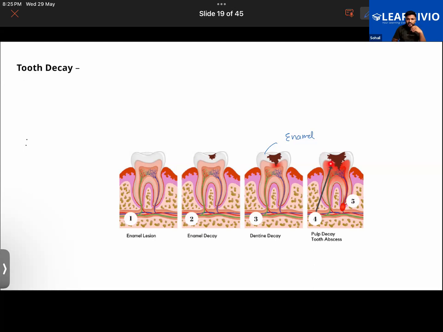It will go into the soft tissue inside your teeth that is called pulp, and it will start to damage the pulp also. And finally, it will be damaging your nerve also. And that's the time when you start developing pain, and then you will have to go to the dentist to get the tooth uprooted. When the infection reaches the last stage, at that time you have no option but to get it removed.